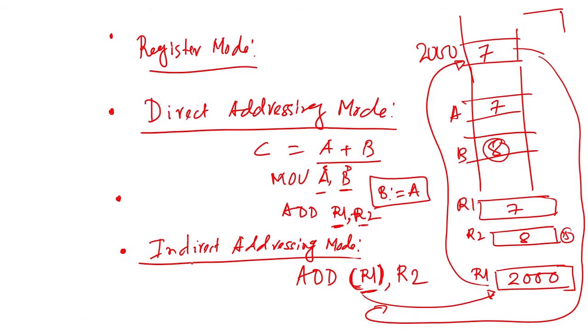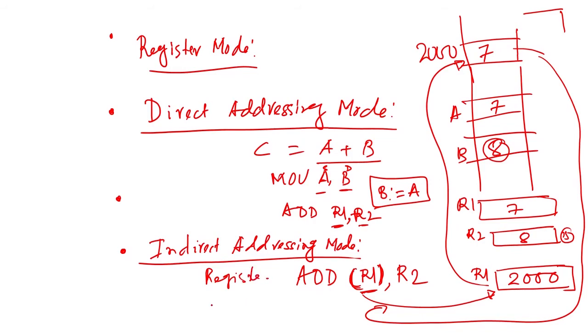So, this is something called indirect. Why? As you see, it is not getting the value of the operand directly from the register R1; rather, the register stores a memory location, and that memory location holds the actual value of the operand. So, this is something called register mode indirect.